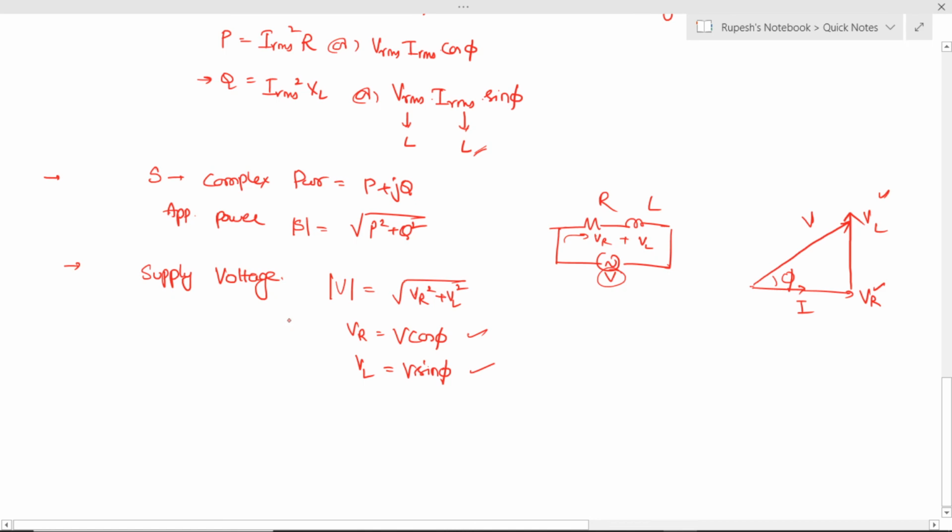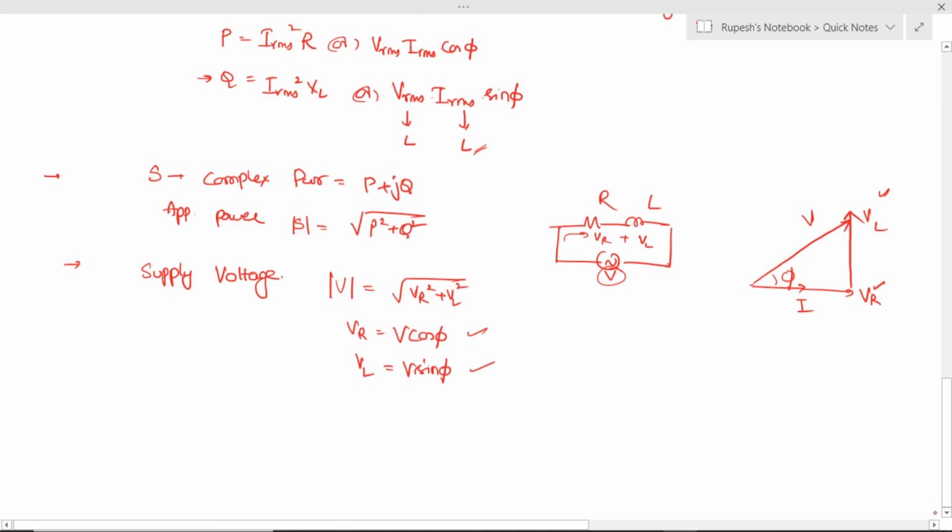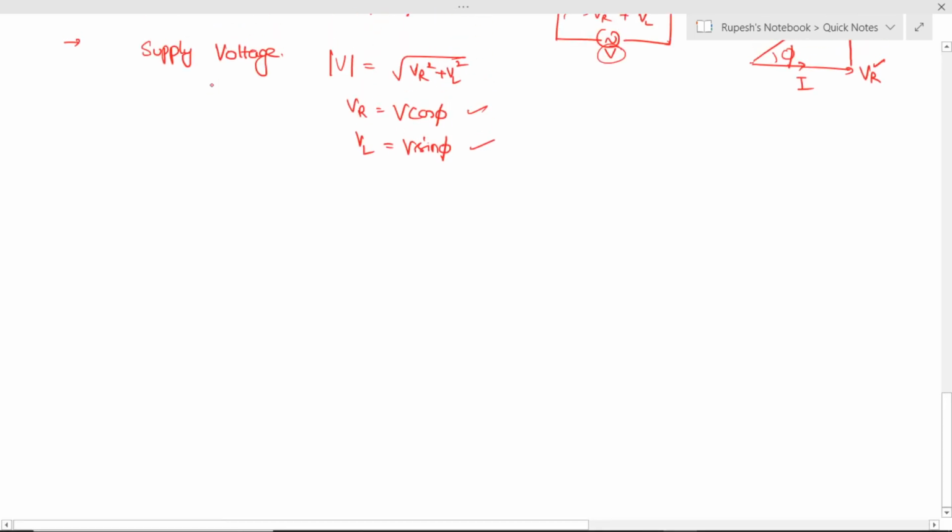Okay. Next, we are going to look at the series RC circuit. So first one was the series RL circuit. Now it is the series RC circuit, so series R and C. Here the impedance is mod Z angle minus phi, and mod Z is root of R square plus XC square.